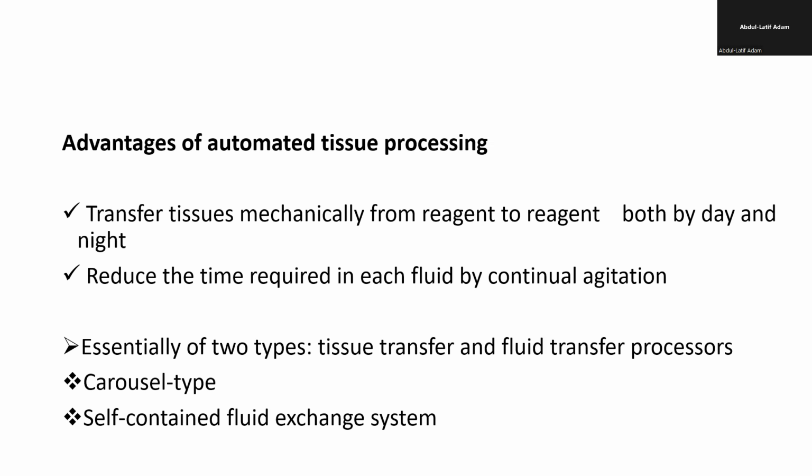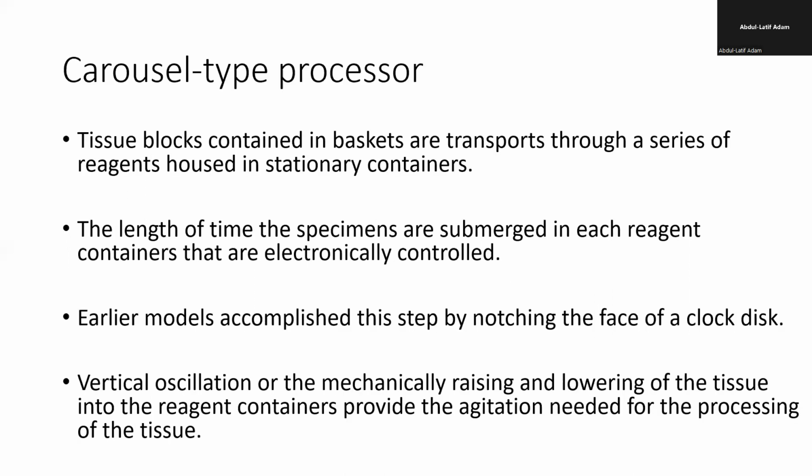So you have the carousel type and then the self-contained fluid exchange type. The carousel type is the common one that you see in the pathology labs, the one that goes round. So the tissue goes round. We have about 12 containers, each of them containing different solutions per the processing protocol.